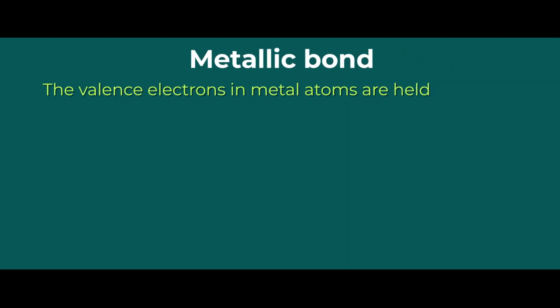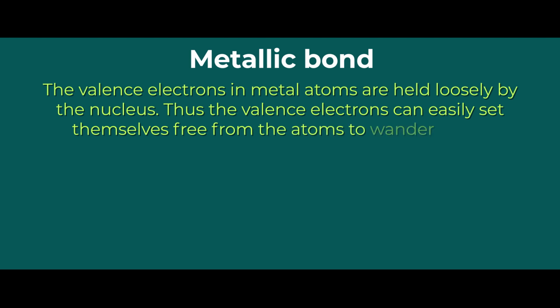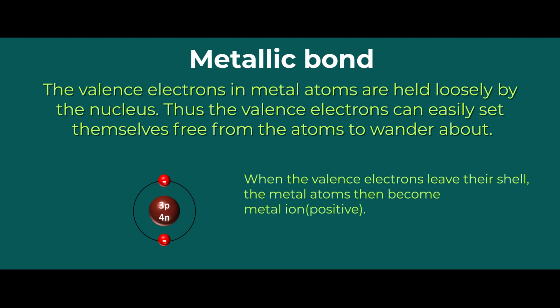The valence electrons in the metal atoms are held loosely by the nucleus. Thus the valence electrons can easily free themselves from the atoms to wander about. So when the valence electrons leave their shell, the metal atoms then become metal ions. It becomes positively charged. You can look at this example here. Electron going away from the metal and the metal becoming positively charged.